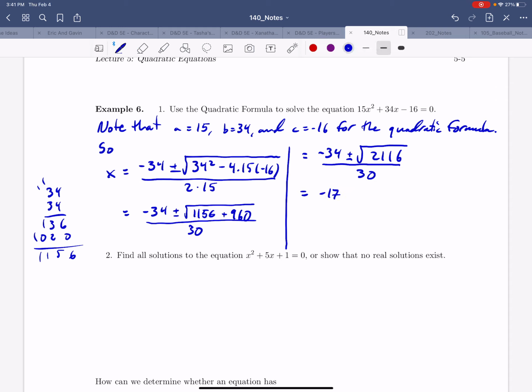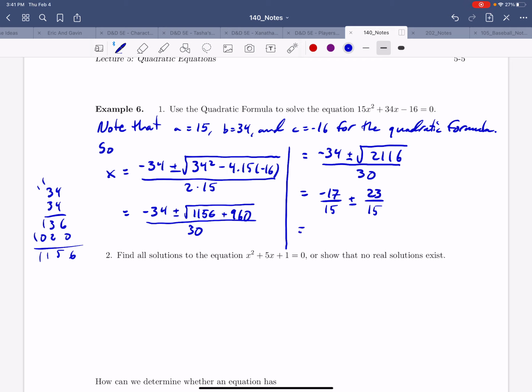It's going to give us negative 17 over 15, and it turns out that the square root of 2116 is actually 46, or negative 46. But when we take the square root, we're taking the positive, right? We're adding and subtracting it, so do it just once. 46 over 30, a better way to write that would be 23 over 15, right?